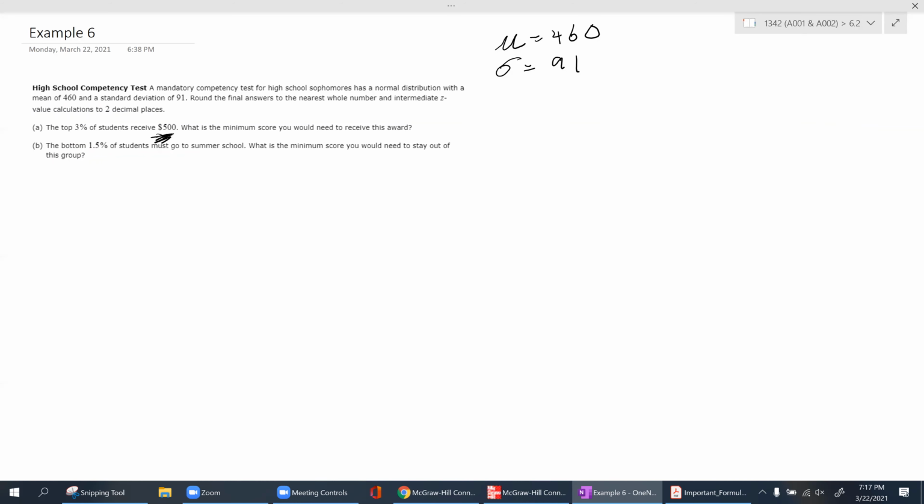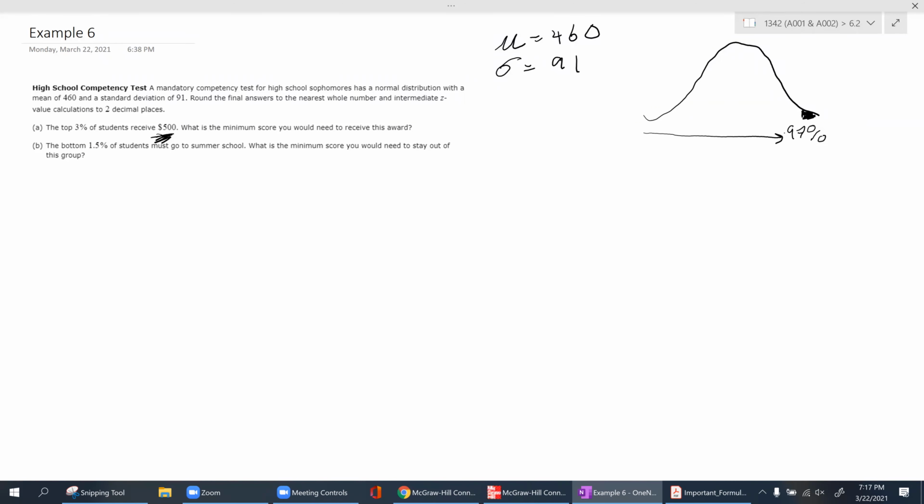I'm going to be focused on the top 3%. Where does that happen? That happens at the 97% mark. If you go from here to here, that gives you the 97% mark. So what I need to do is find that.